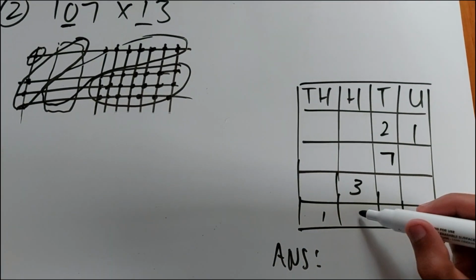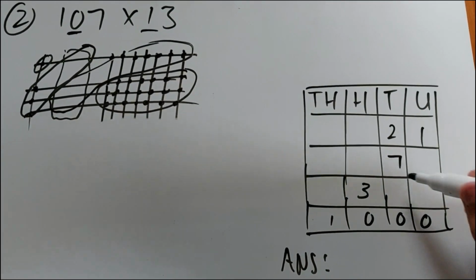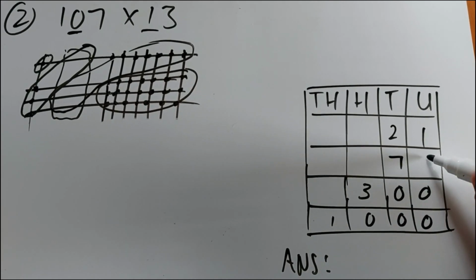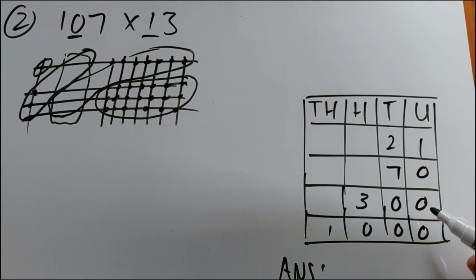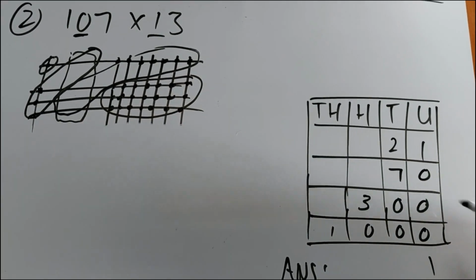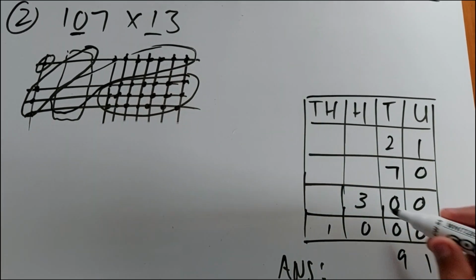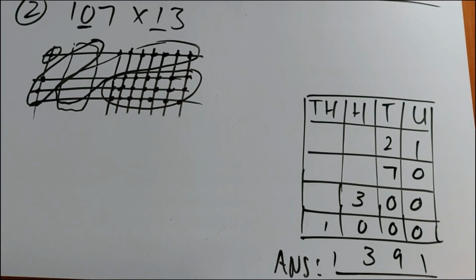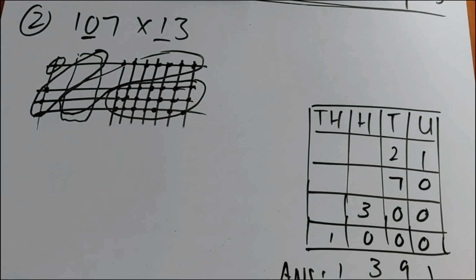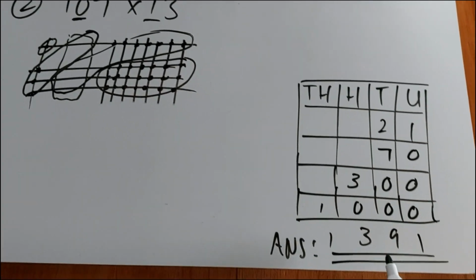And then we're filling our rightmost cells with zeros to make our addition easier. So it's 1 plus 0 is 1, 2 plus 7 is 9, 3 plus 0 is 3, and then our 1. And our final answer is 1391.